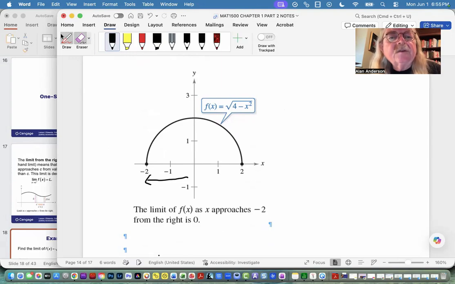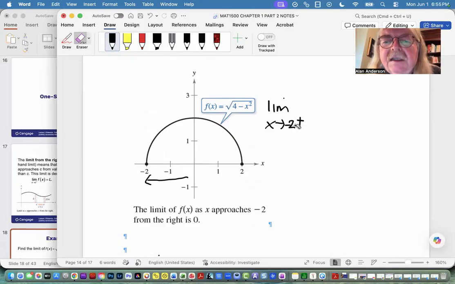In this case, we can use direct substitution. Sorry, let me make that a little neater. -2 from the right.